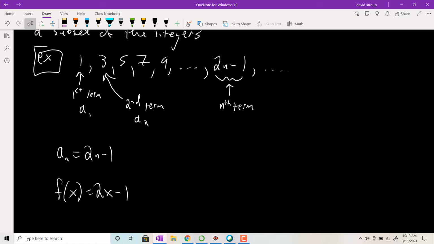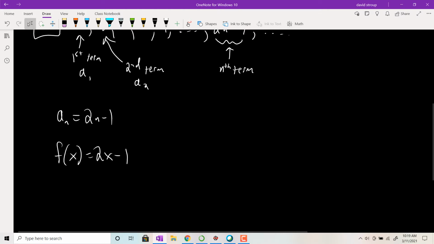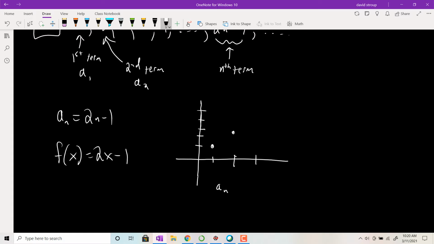Over here with f of x, it was a continuous stream of values. And you could even plot these. If I plot a sub n, a sub 1 is 2 minus 1, which is 1, so you put a dot there. A sub 2 would be 4 minus 1, which is 3, so you put a dot there. A sub 3 would be 6 minus 1, which is 5, so you put a dot there.